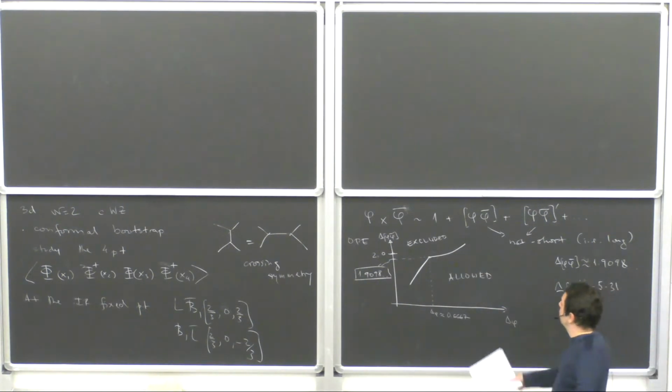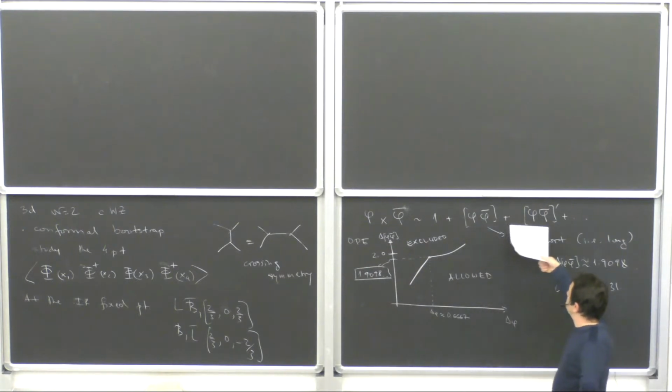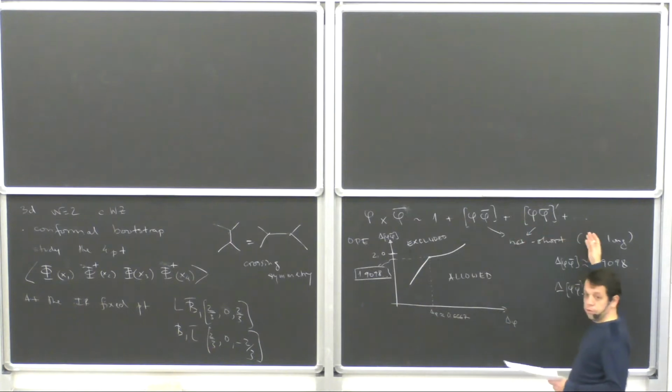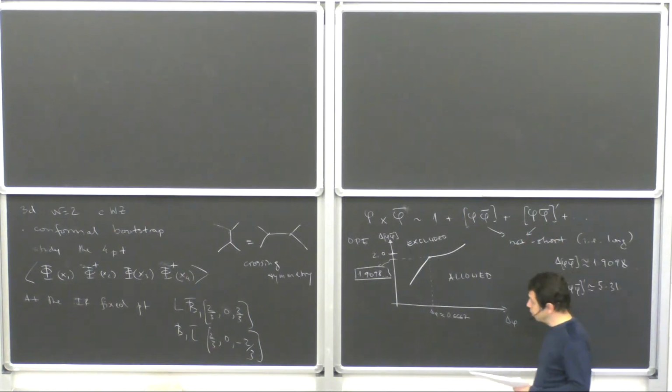I'm just giving you the operators that will appear. So singular or regular will be determined by the position dependence of these fields, of these operators. So this will be a singular OPE in that sense. Oh, I see. Okay. Right. So I'm being schematic here, just to introduce labels for these operators.